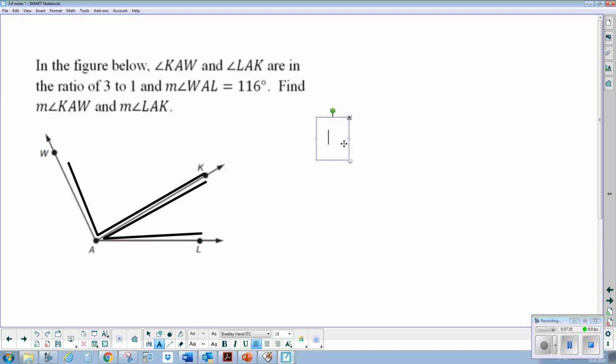If you remember the ratios from algebra, a ratio 3 to 1 means, in this context, that for every 3 degrees of angle WAK, there is 1 degree of KAL, or LAK. So that means that angle WAK is 3 times as big as angle LAK.